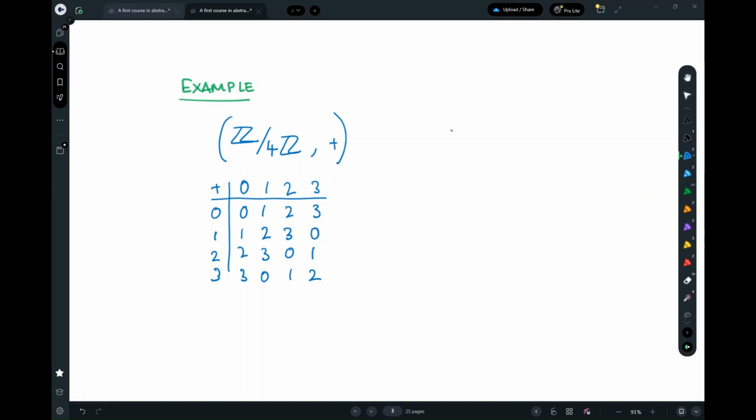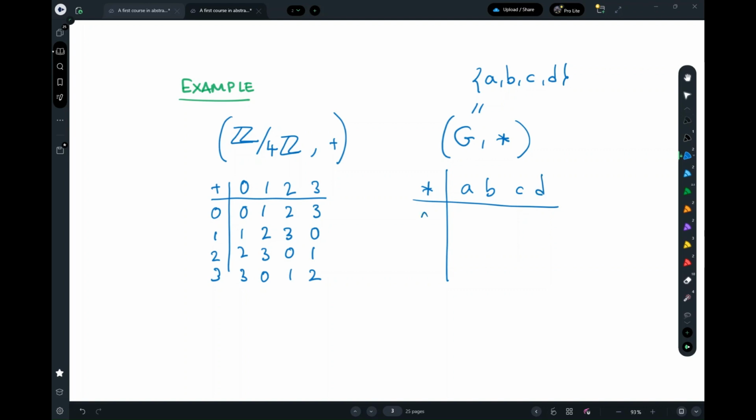So now I'm going to give you another group, G star, where G itself has just four elements. I'm going to call them A, B, C, and D. And I'm going to give you a Cayley table of this operation for A, B, C, and D, and I'm just going to write it down.